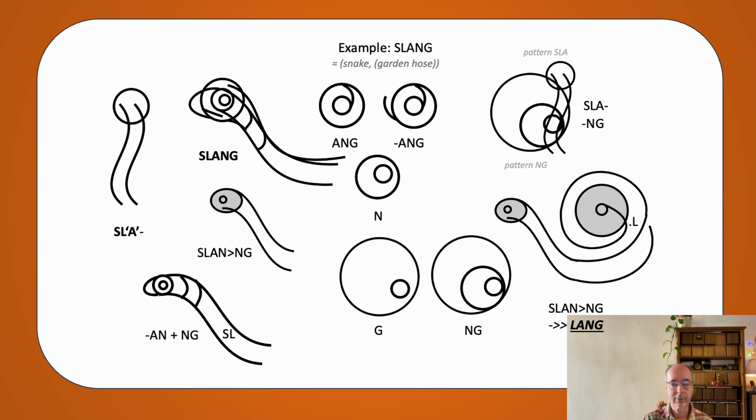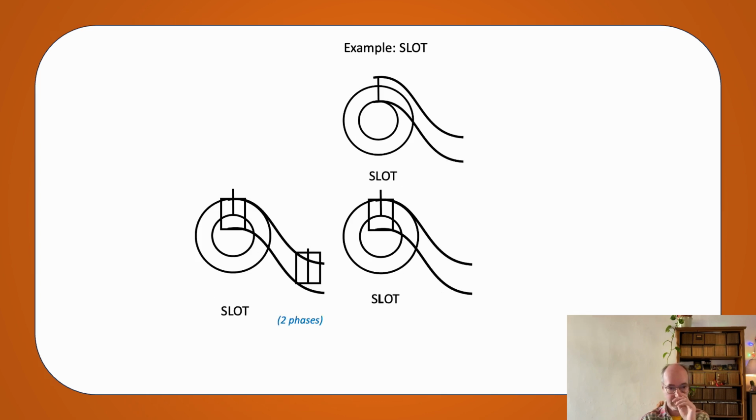Let's go to the next word. Slot. Slot has different meanings, but let's first design it. Here we have the sl, the O, and then it abruptly ends with the T at the end. The slot I also have in two phases.